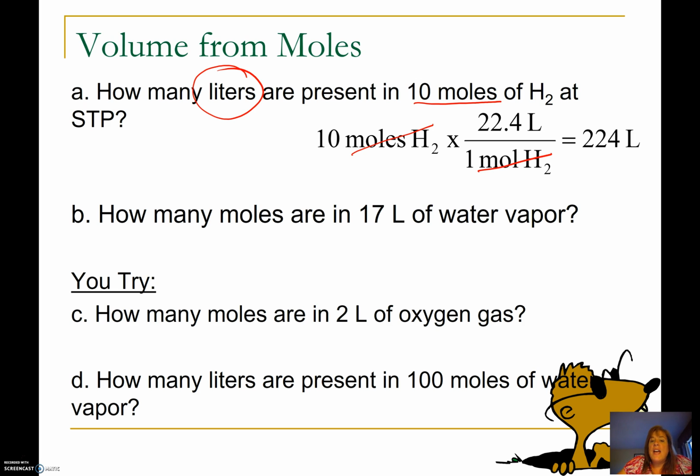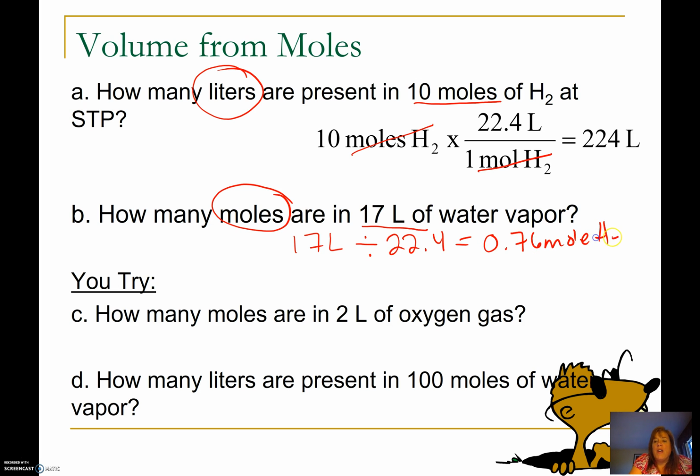What about if I have 17 liters of water vapor and I want to know how many moles? Well, we're going to take our 17 liters and we're going to divide by 22.4. And I get 0.76 moles of my water vapor.